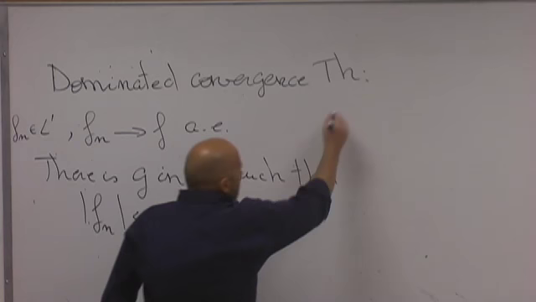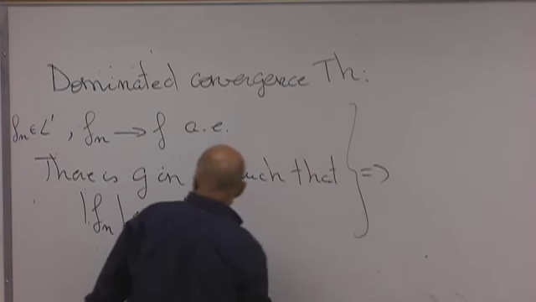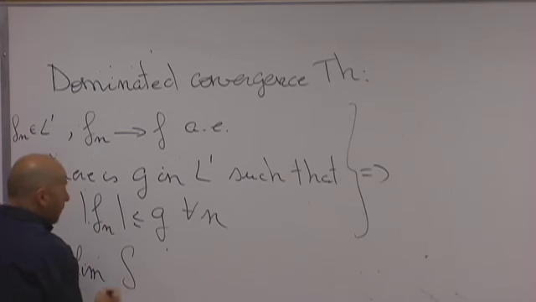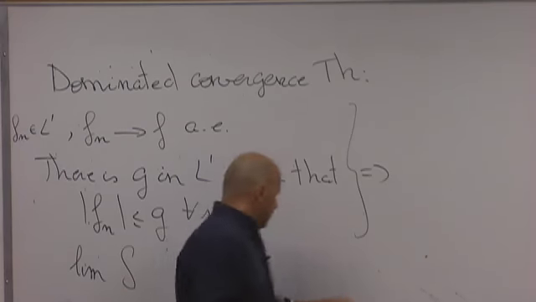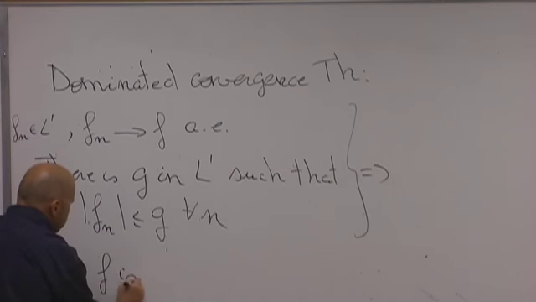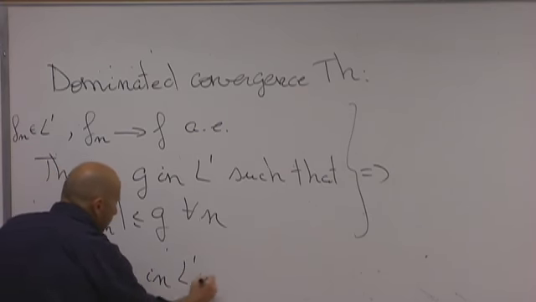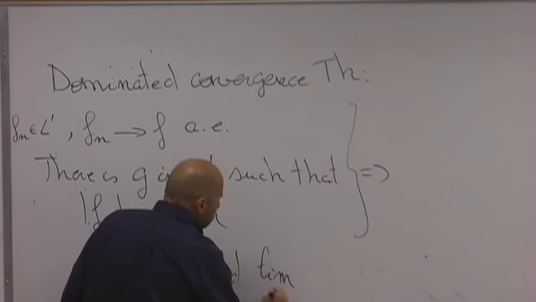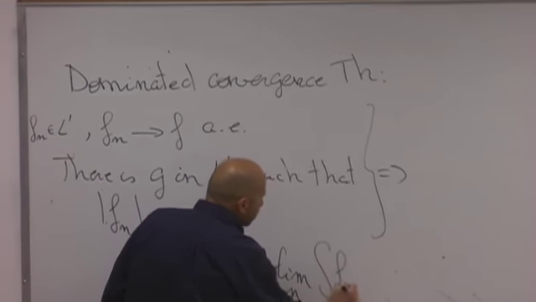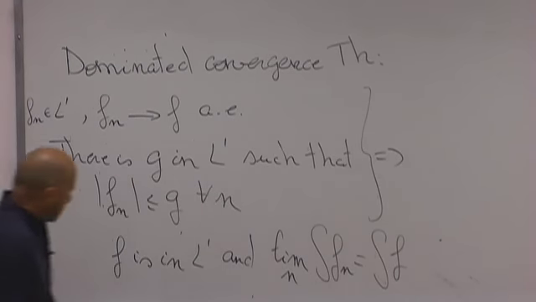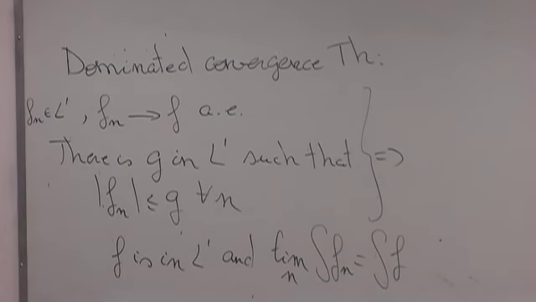And all this implies that, first thing, f is in L1, and the limit of the integral of Fn is the integral of f. Our favorite conclusion, that we can put our limit inside the integral.